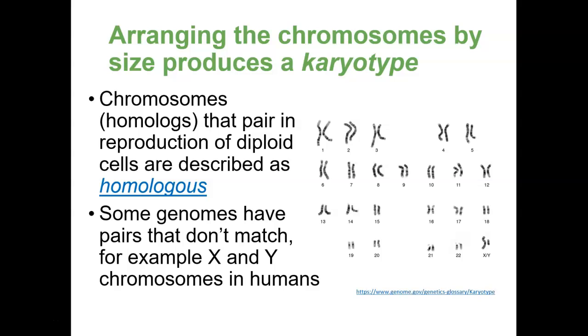Some genomes have pairs that don't match. For example, the X and the Y chromosome in humans. And this only occurs in males. So for, say, chromosome 1, this chromosome matches this chromosome, meaning that at every location there are alleles that code for certain traits, and you'll have the same allele in this spot as you do in this spot, all the way down the chromosome.